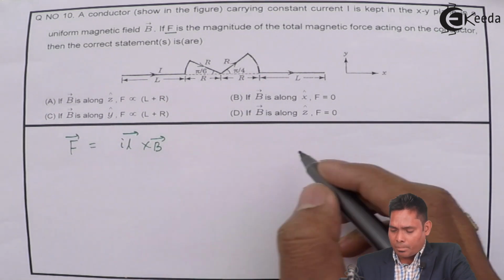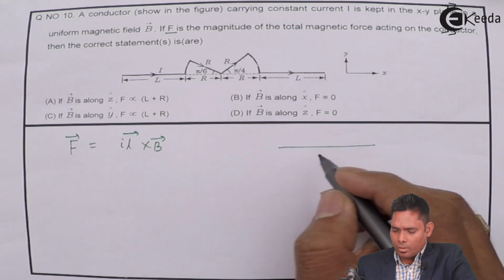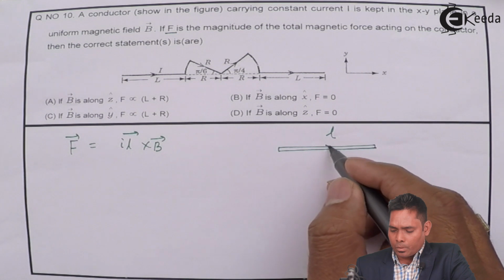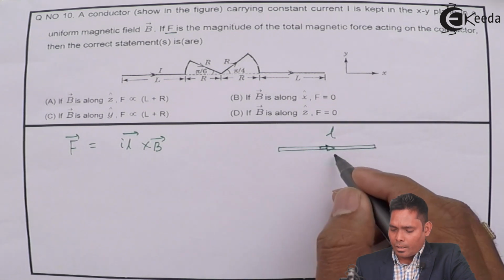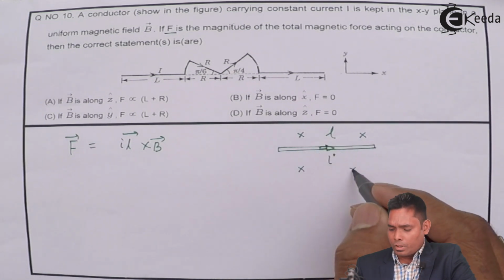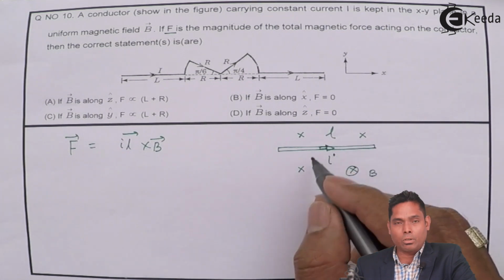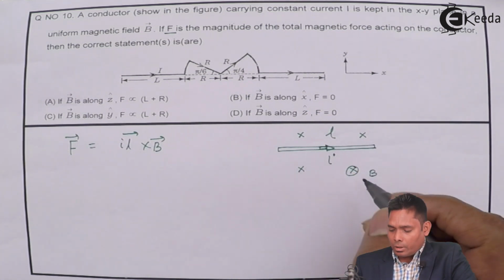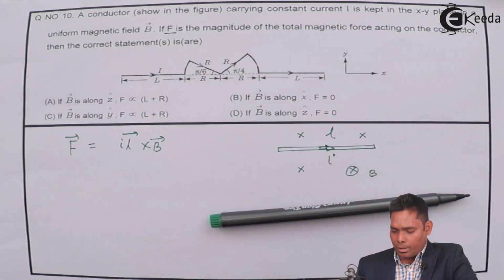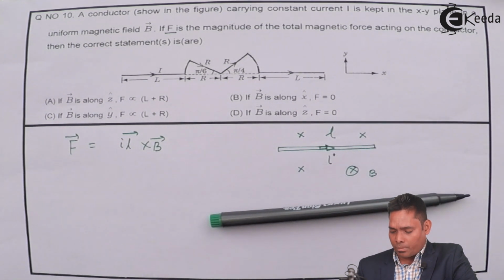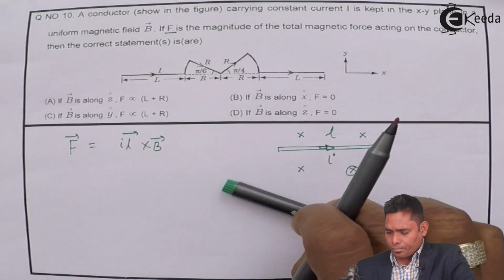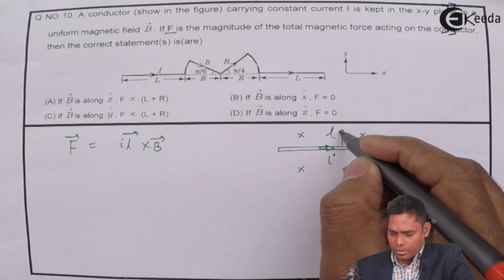That means if there is a conductor of length L, and suppose that it carries a current I, and is placed in a magnetic field like this, which is into the xy plane, then IL is in this direction, B is into the plane of the paper, so IL cross B, so the force will be acting in this direction using the cross product rule. The force on this conductor will be in this direction.